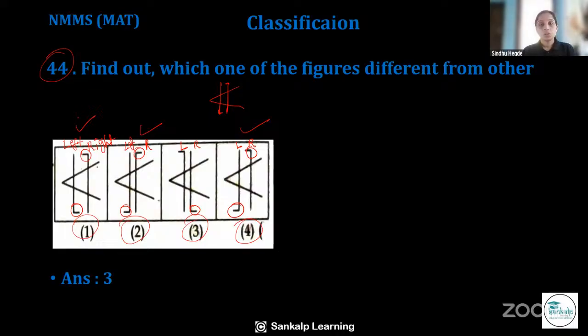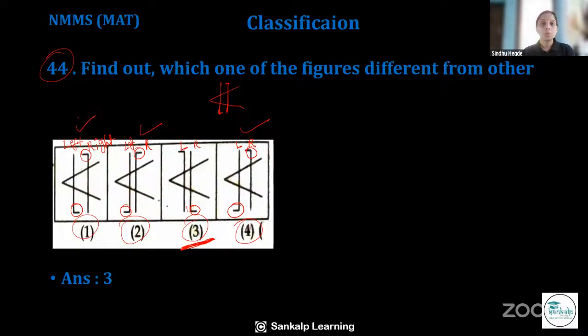So all of these 1, 2 and 4 follow the same pattern, but only image 3 is different. In 1, 2 and 4 the left hook is downward, while in image 3 it is upward. Similarly, on the right side, when the rest of the images show downward, it shows up.